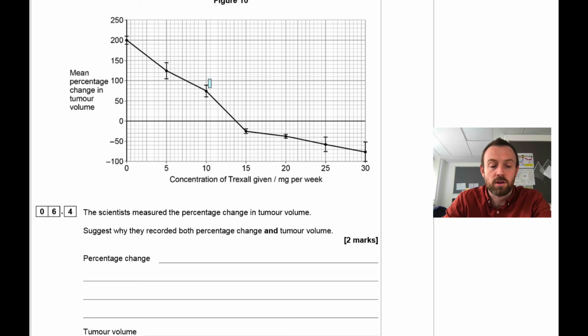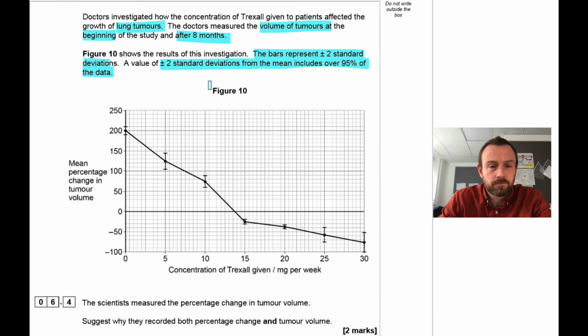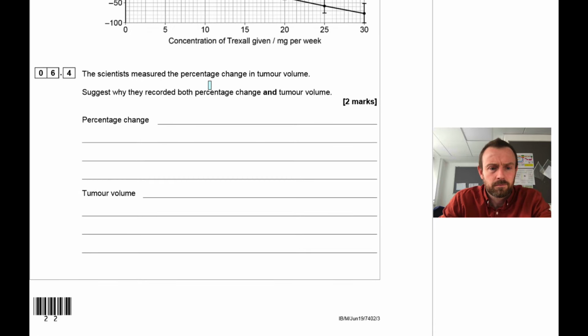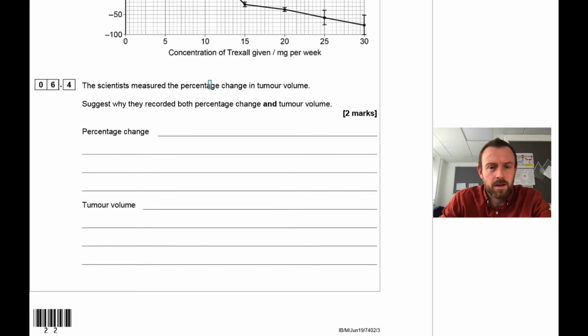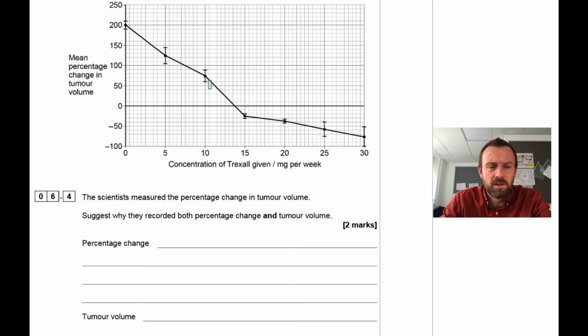Suggest why they recorded both percentage change and tumour volume. Well, percentage change so that we can compare the effect of Trexol on tumours with different initial sizes. It makes the results comparable. Tumour volume, so we can measure the absolute size of the tumour.